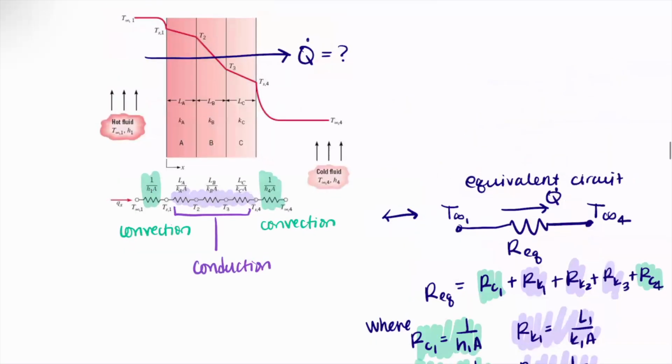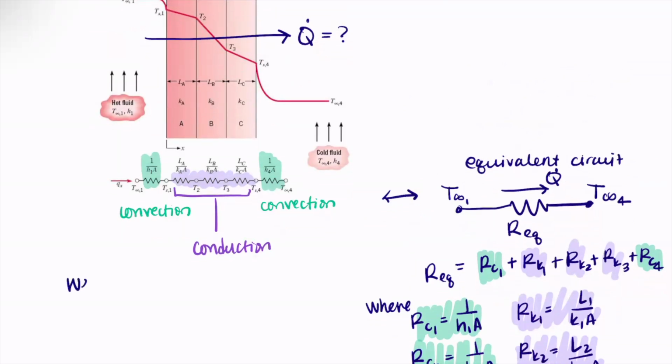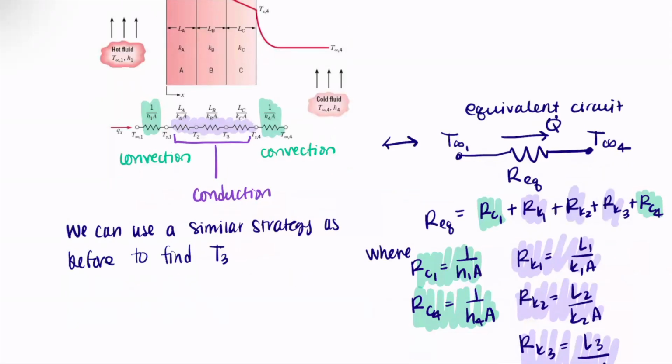And then in this type of system, we can do the same sort of strategy if we wanted to find T3. So if we wanted to find T3, for example, we would look at this sub-circuit like so.